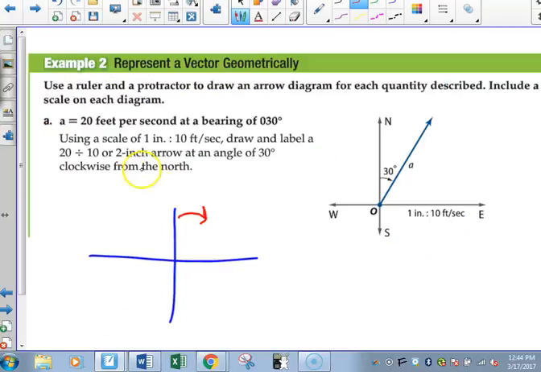But basically, I would tell you probably there's just a true bearing or whatever. But 30 degrees, so you would mark 30 degrees in here and indicate that this is your vector. And then you would label it 20 feet per second and be done. Okay, I'm not going to make you do a scale.